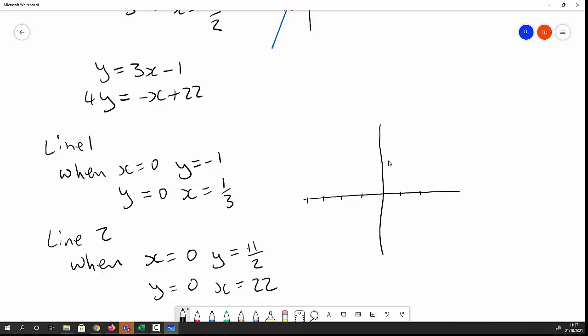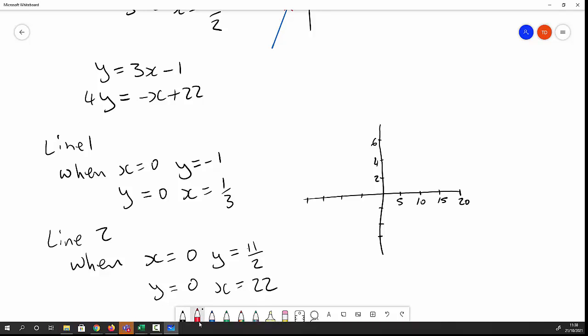And my y values aren't so huge, are they? That's 6, so I'll say 2, 4, 6.